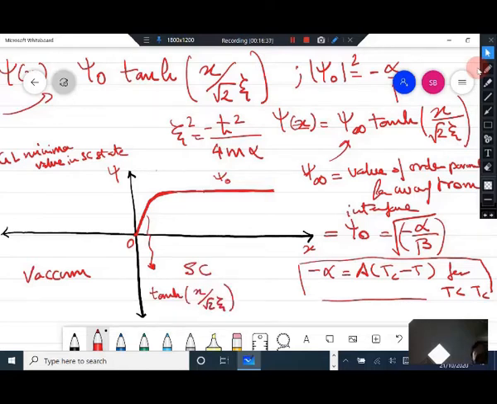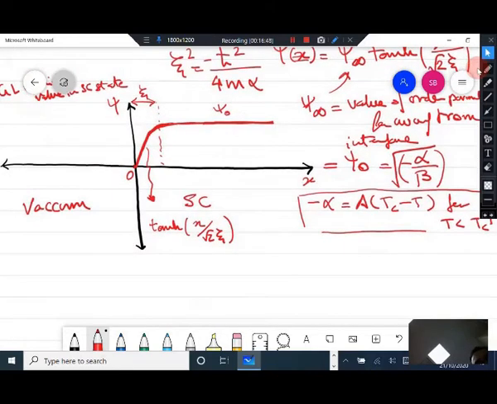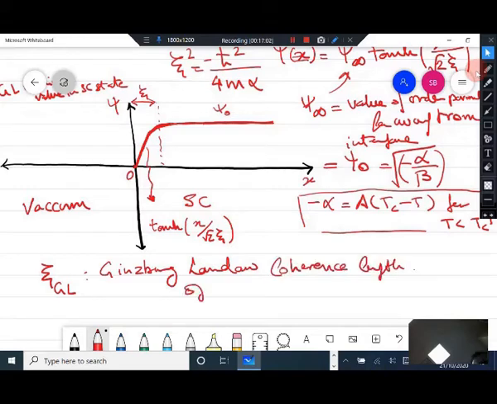and the length scale over which it decays, this length scale is the Ginzburg-Landau coherence length. Xi, written as xi GL, is the Ginzburg-Landau coherence length of a superconductor.